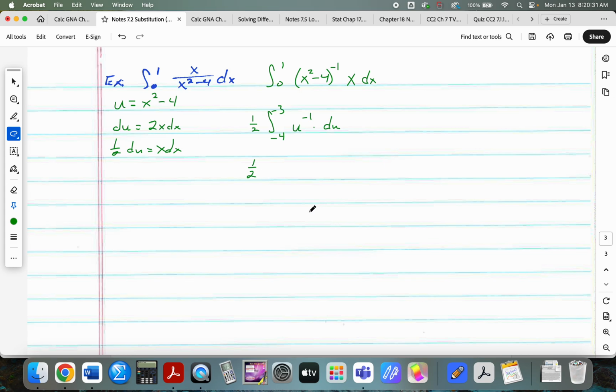Yeah, natural log of, more specifically, the absolute value of u, which is super important on this one, as we can see from our limits of integration. So this is going to be 1/2 of natural log 3 minus the natural log of 4. Sorry, this is supposed to be negative 3.